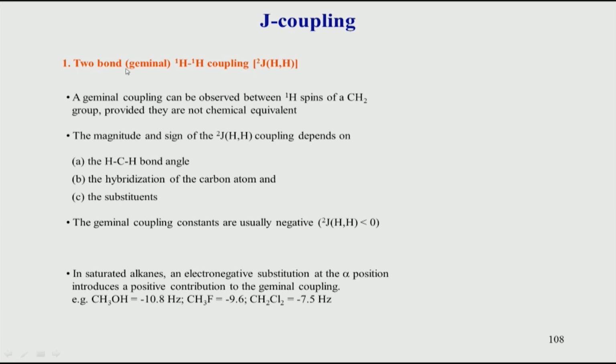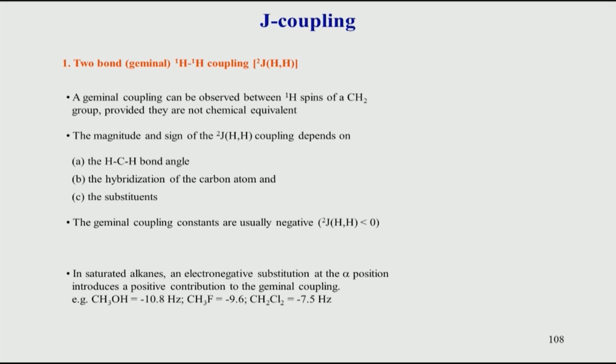So, we have what is called 2 bond geminal coupling. The typical notation we use in NMR is to write the 2 as a superscript on J, which means 2 bond hydrogen coupling. The geminal coupling can have a negative value or it can have a positive value. Remember, couplings can have both positive and negative values, although from a simple 1D NMR you can never find out the sign of the coupling.